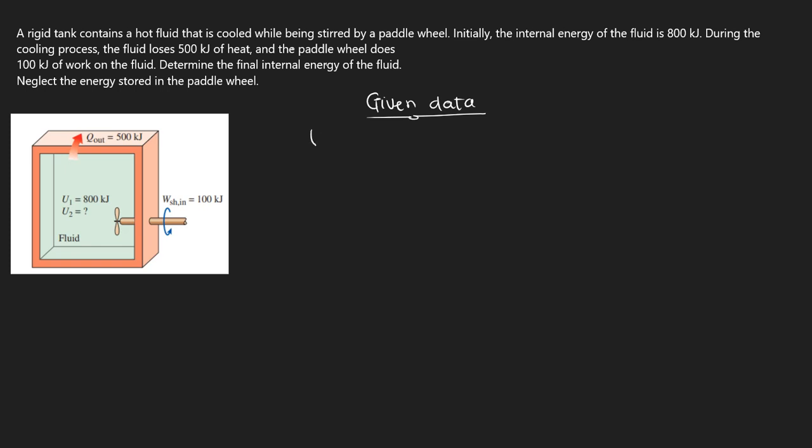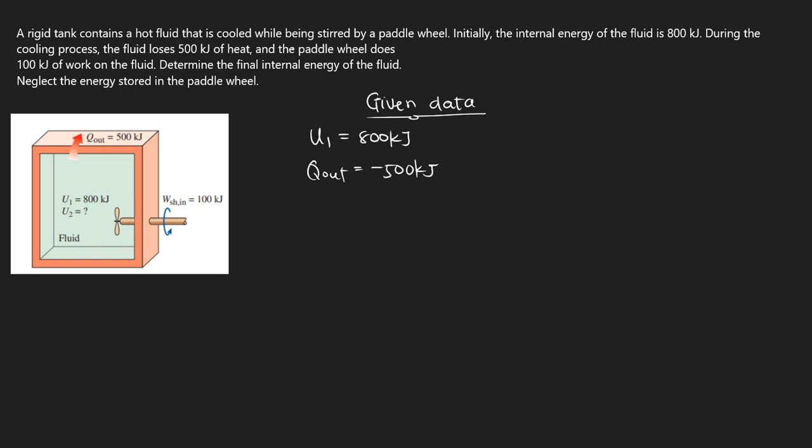I name that as U1, which is equal to 800 kilojoules. And then during the cooling process, the fluid lost 500 kilojoules of heat, which is heat going out of the system. So that'll be heat going out, and that's negative.